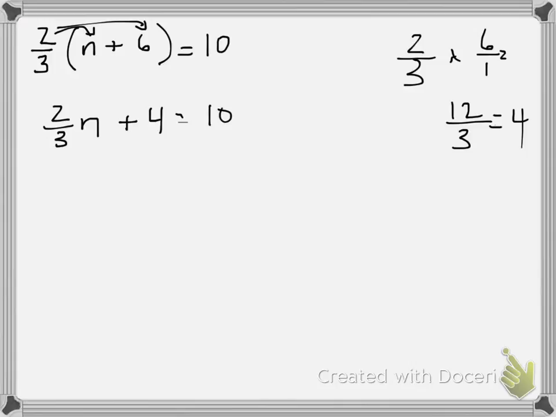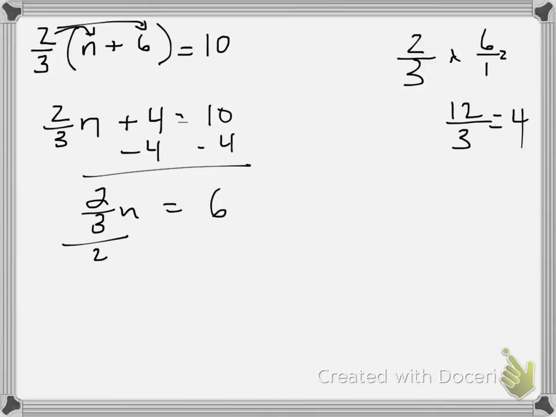So now this looks like a regular two-step equation. So I'll get rid of this 4. It's a positive 4, so I'll do a minus 4. Do that on both sides. And I'm left with 2/3 n equals 6. Now, right now, I'm multiplying by 2/3, so I want to divide. Well, when I divide a fraction, I could do a complex fraction and divide by 2/3, and that's the same as multiplying by the reciprocal.